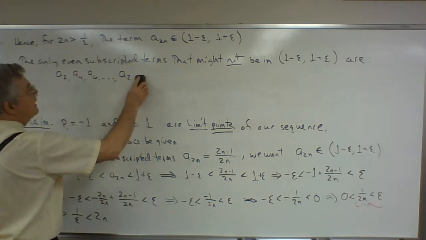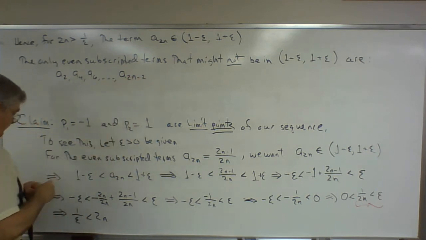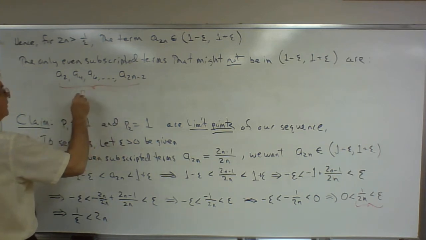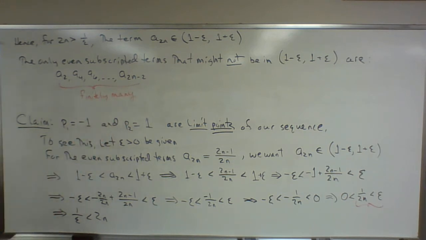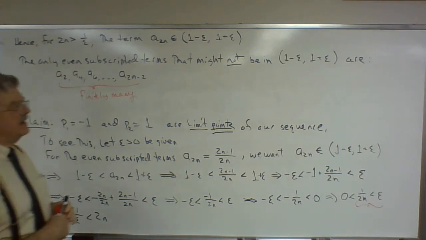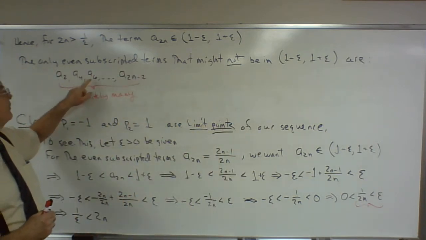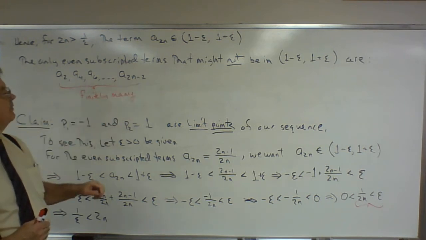and I'll write that as a sub 2n minus 2. So the only even subscripted terms that might not be in this interval are a sub 2, a sub 4, a sub 6, all the way to a sub 2n minus 2.